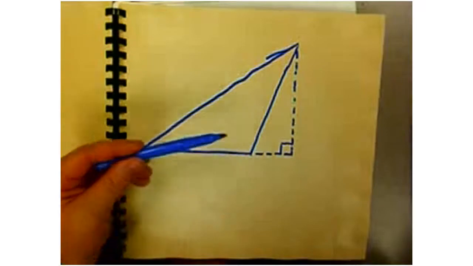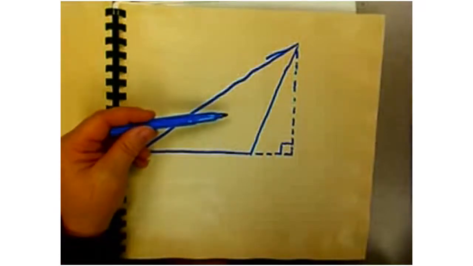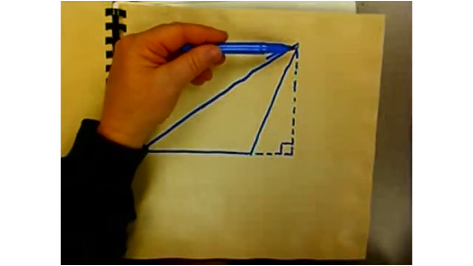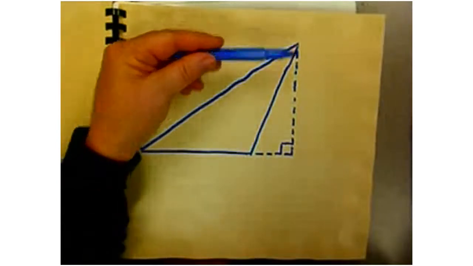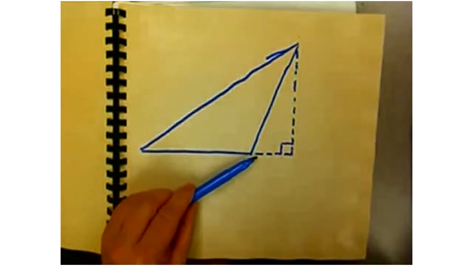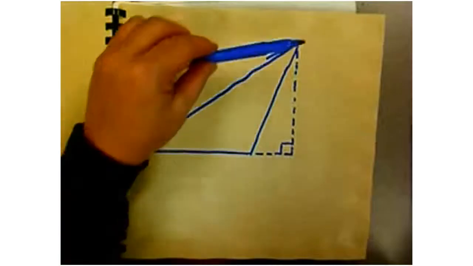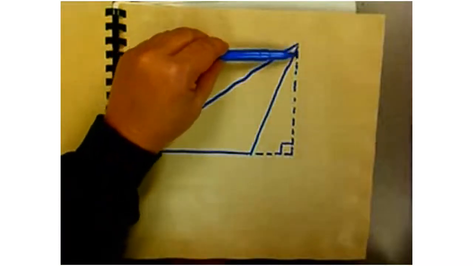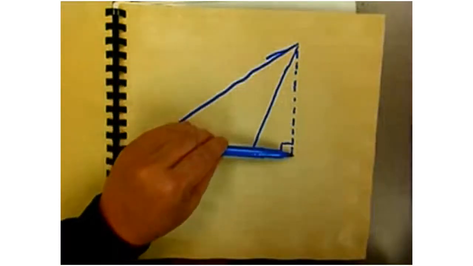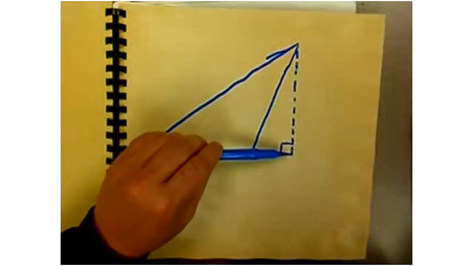And this is showing that in obtuse triangles, you can't have an altitude on the inside of it. It would be impossible to draw a perpendicular line from the vertex to the base on the inside of the triangle. So the base has to be extended with a dotted line, and then from that top vertex, there is a line that extends down to be perpendicular with the extension of that base, and there's a little right angle indicator.